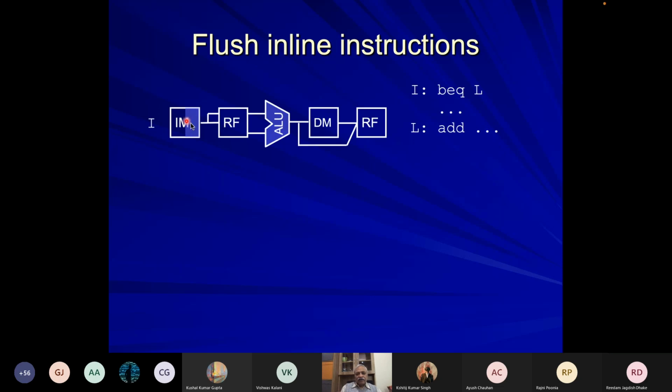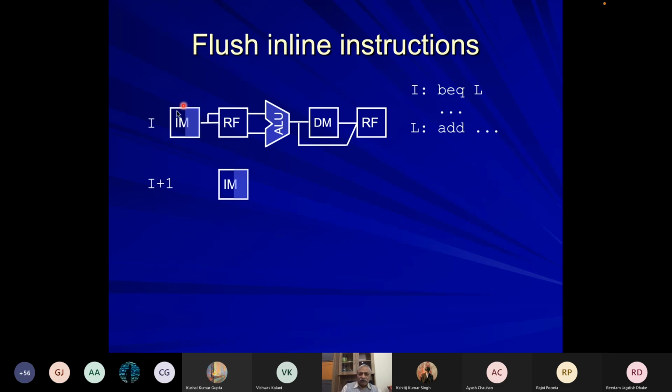Instruction I would be entering and going through these stages. It may not do something useful in, let's say, the last stages, but at least in the first three stages it will be doing something useful. Then in the next cycle, instruction I plus 1 is going to follow.